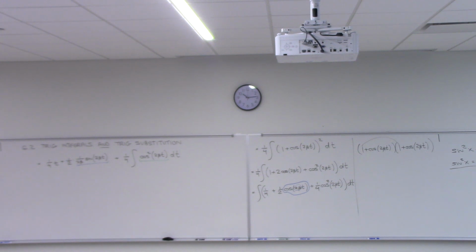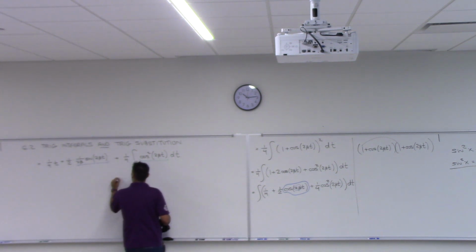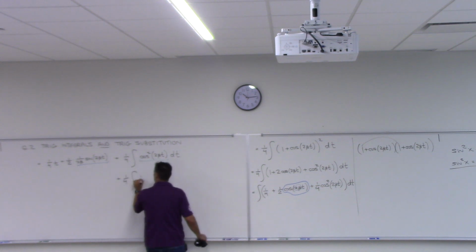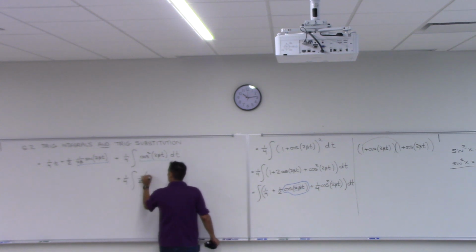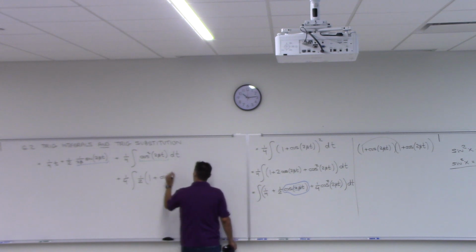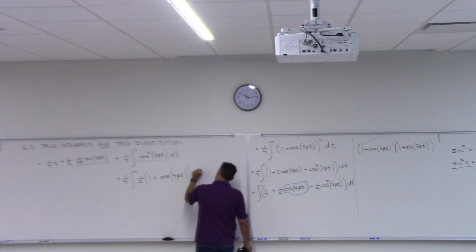What's twice 2 beta t? 4 beta t, right? 2 times 2 beta t is 4 beta t. So let me do it. This is plus 1/4 integral. I haven't taken the antiderivative yet. I'm just using a pre-cal formula here. 1 plus cosine of 2 times that, which is 4 beta t, dt.